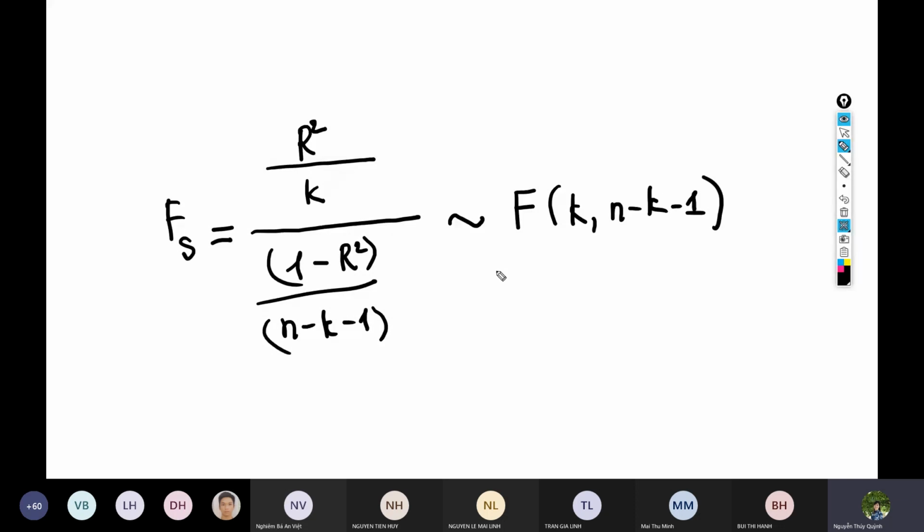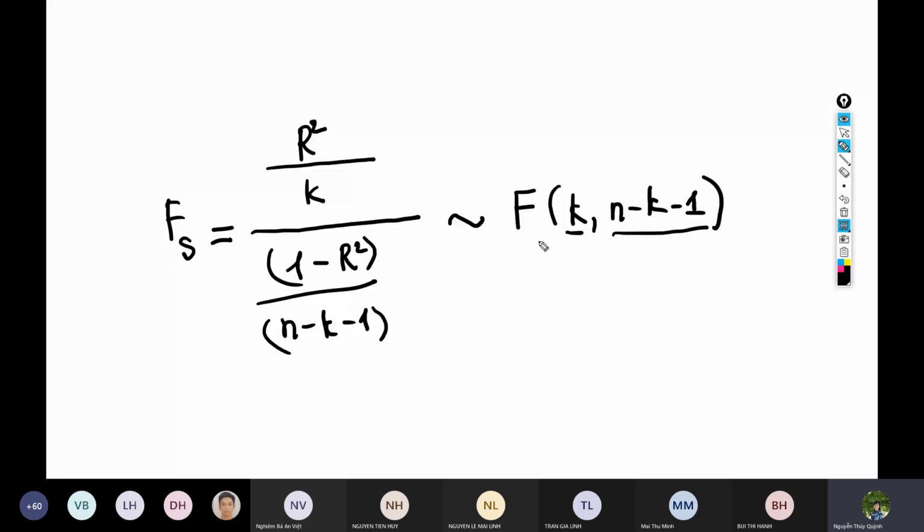Remember that for an f distribution, we have two degrees of freedom: the degrees of freedom of the numerator and the degrees of freedom of the denominator. This one is for the numerator, and this one is for the denominator.